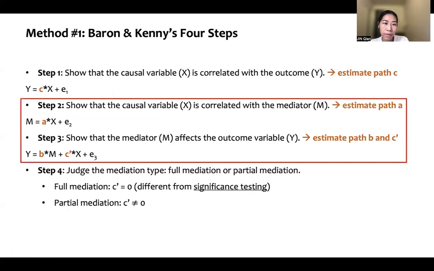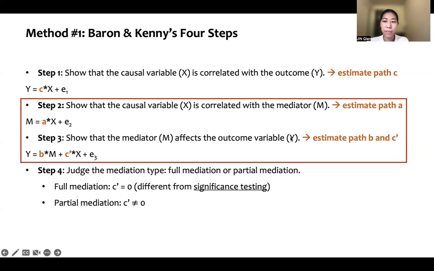For the first method, Baron and Kenny's 4 steps. In the first step, you need to show that there is a relationship between X and Y. This is to estimate path C. The next step is to show there is a relationship between your independent variable, the causal variable X, and the mediator.